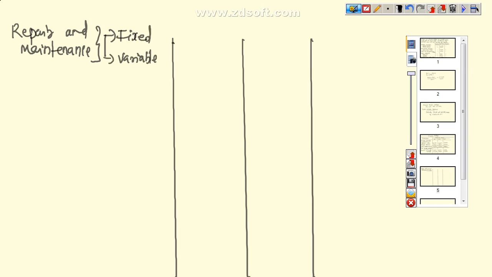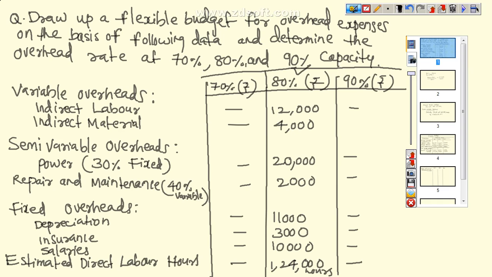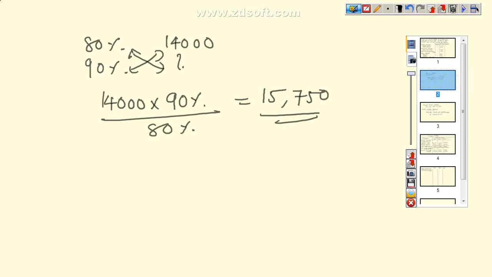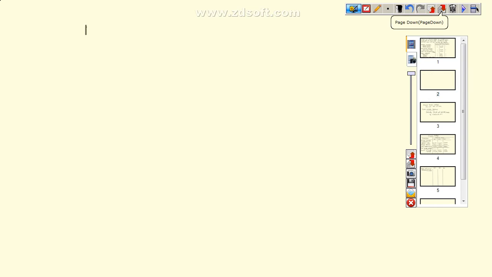There are three capacity levels, 70%, 80% as well as 90%. So we have to do the working note. Repair and maintenance is given 2,000, 40% variable, so we make the working note for repair and maintenance.